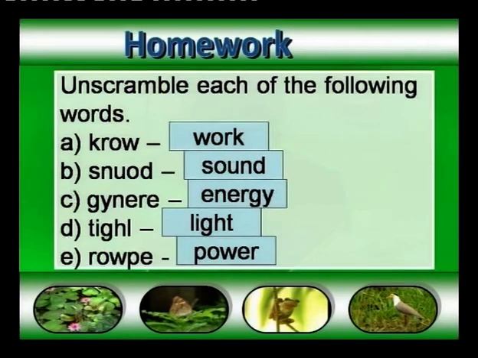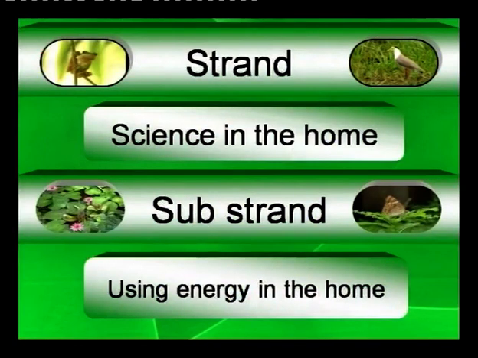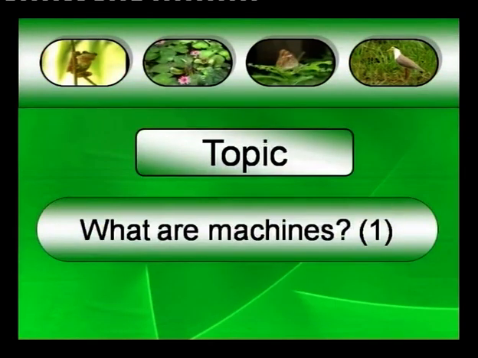Okay, let's move on. Receiving teachers, students, and 6E, we are still looking at the same outcome, strand and substrand. And our topic for today's lesson is, what are machines, part 1.